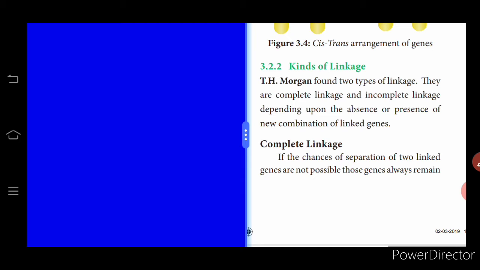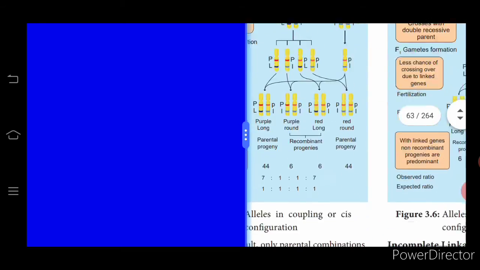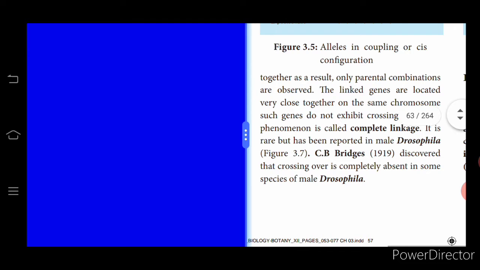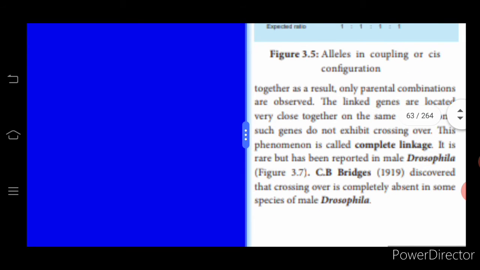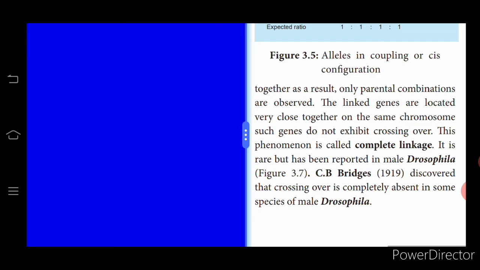If the chance of separation of two linked genes is not possible, those genes always remain together. As a result, only parental combinations are observed. Do you follow? So there is no change in the genetic combination because they are always together.